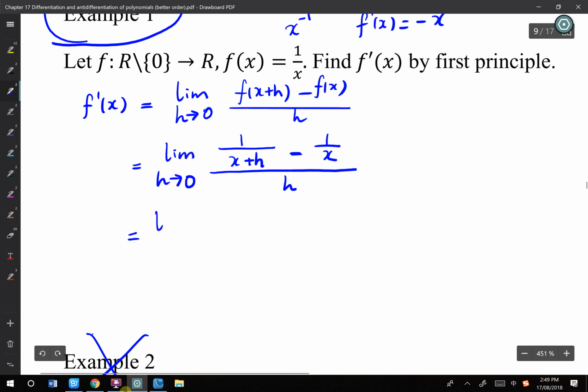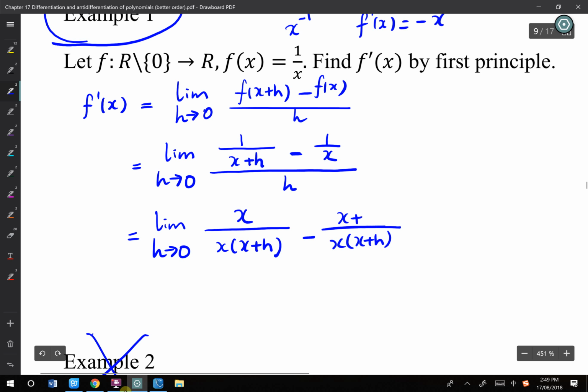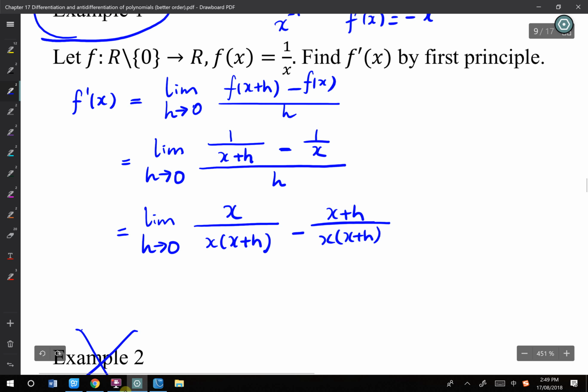Then on the numerator, what I will have is x minus x plus h, over x times x plus h. All of that needs to be divided by h, so I will times by 1 over h.